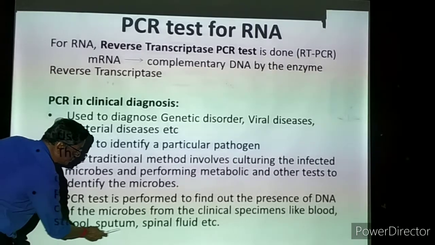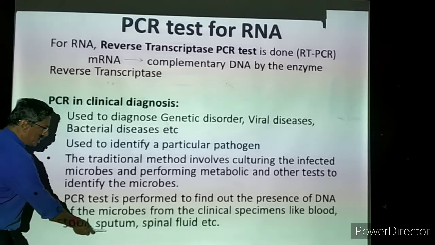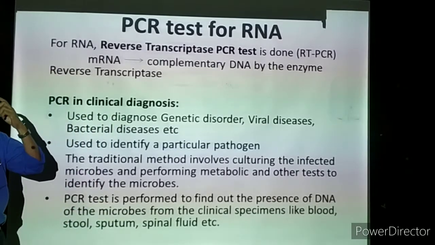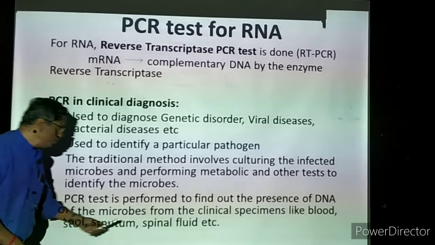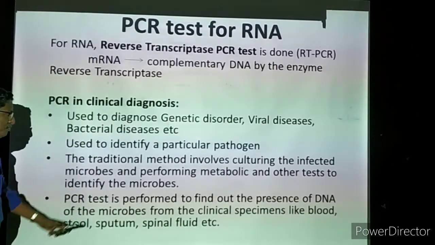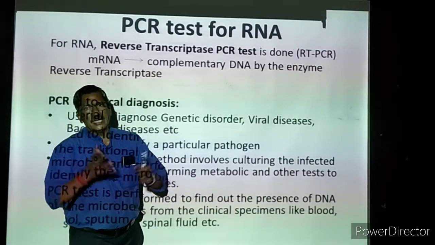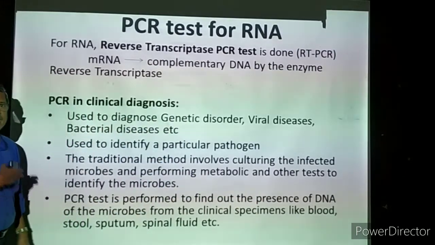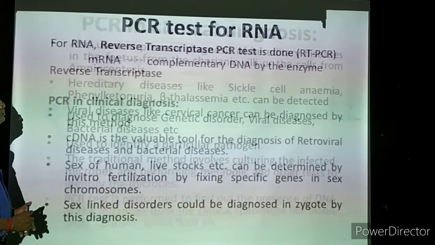Then sputum: when we have a respiratory infection, whenever we cough, the mucus coming out is called sputum. Spinal fluid: in the spinal cord and also around the brain, a colorless fluid is present. It is called spinal fluid. They are all clinical specimens. Specimen means the sample taken from our body, don't think it means some organisms. From that also the PCR test can be done.